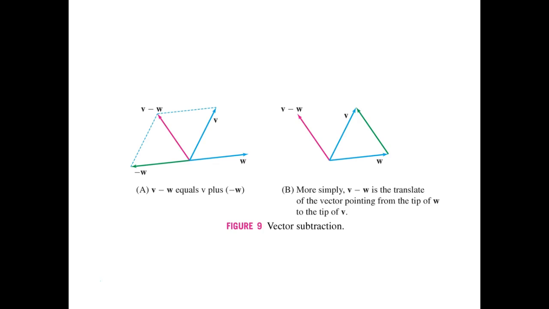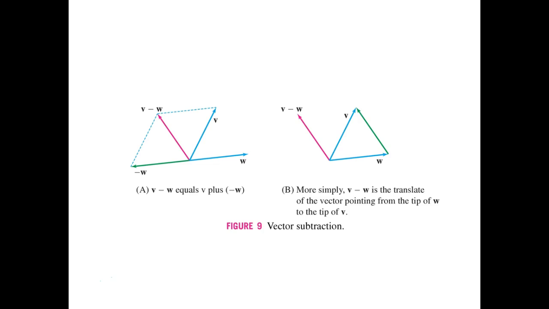So V plus a negative W would be V minus W. That would be to take negative W, put it up here, tip to tail, and this would be your resultant vector then. V minus W is the same as V plus the opposite of W. The opposite of W just puts it in exactly the opposite direction along the same line.